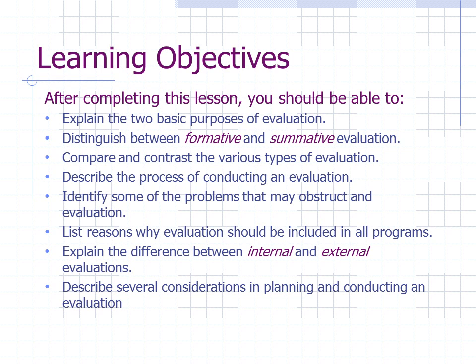Describe the process of conducting an evaluation and identify some of the problems that may keep you from doing evaluation well. List reasons why evaluation should be included in all programs, explain the difference between internal and external evaluations, and then describe a number of considerations in planning and conducting an evaluation.